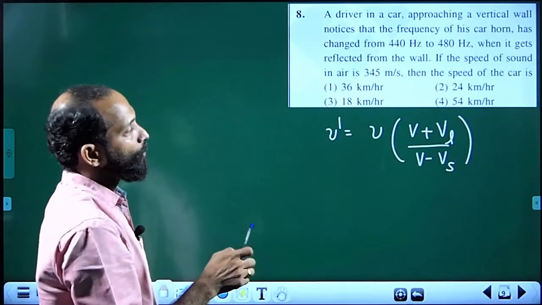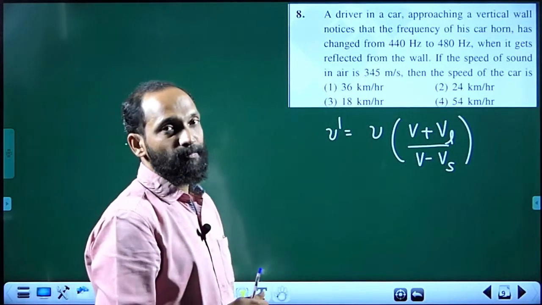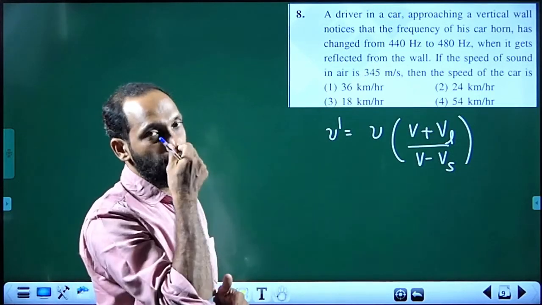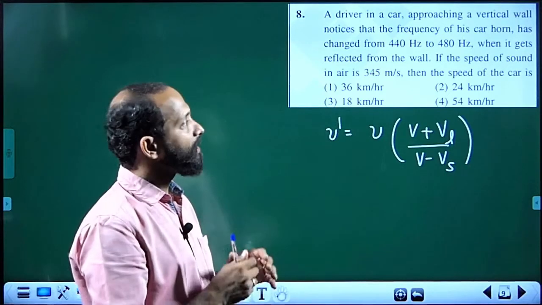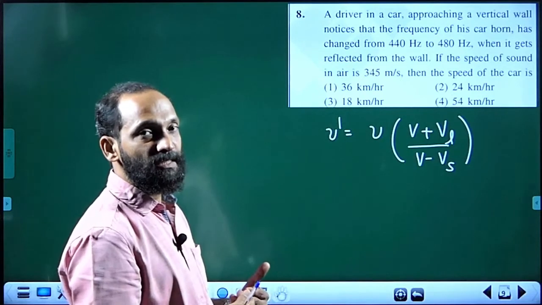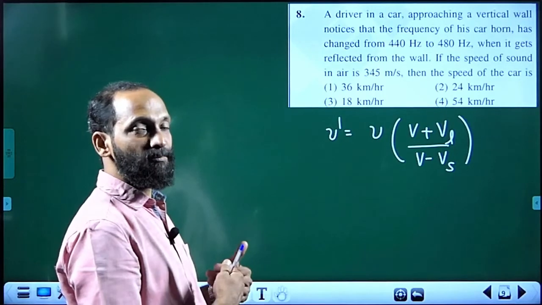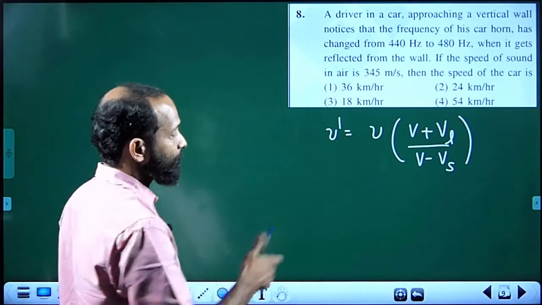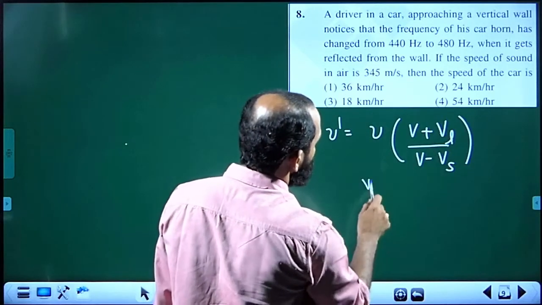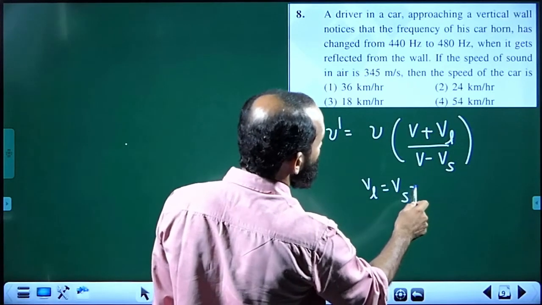But here the velocity of the listener and the source are the same, because the listener is sitting inside the source producing the sound. The car is producing the siren, and the listener is sitting inside the car. So the source and the listener both are moving with the same velocity. So VL and Vs are the same. Okay, let VL equal Vs.